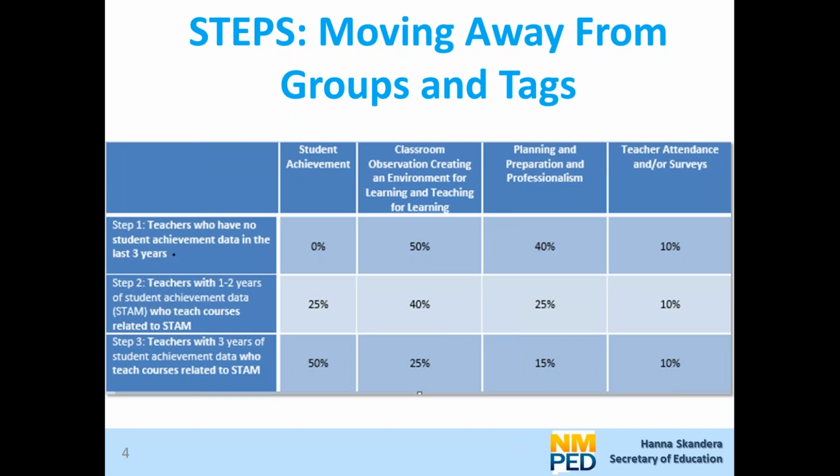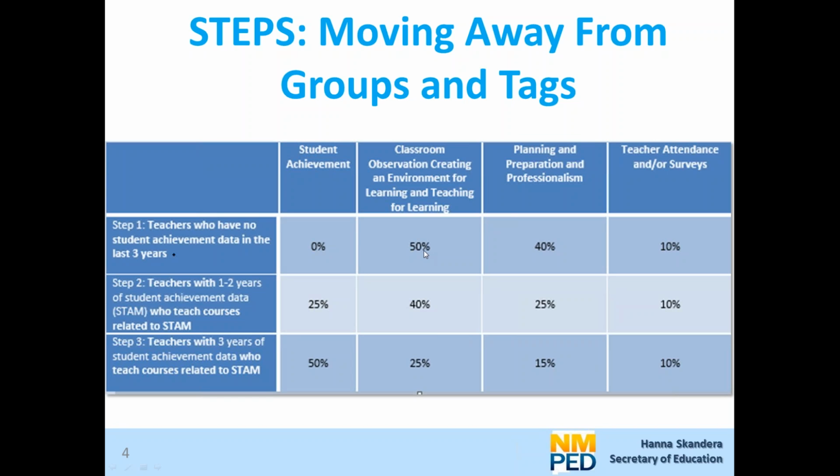We now have steps. Step 1 is for teachers who have no student achievement data in the last 3 years. And in that case, 0% of the teacher's evaluation is associated with student achievement.